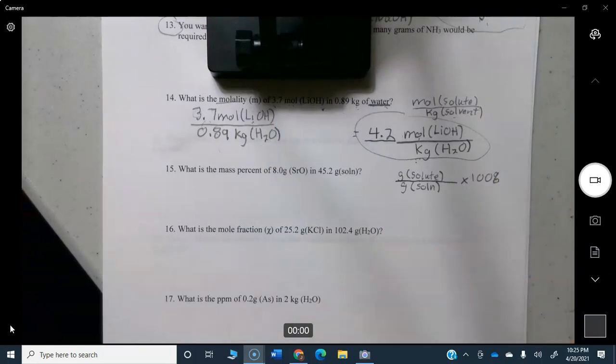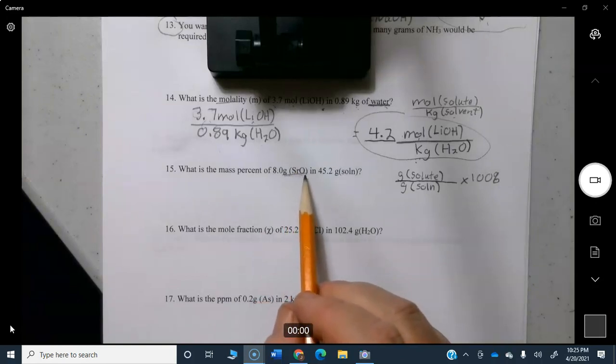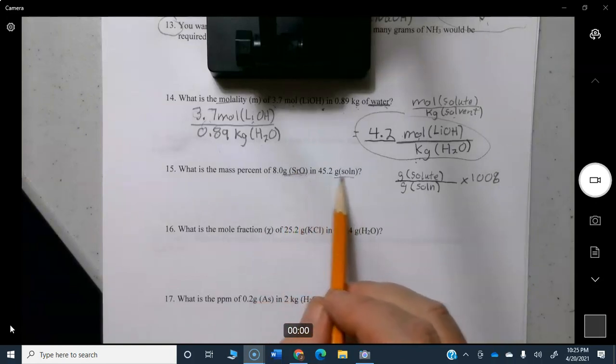Okay. All right, so what do we do? Well, we're given grams of the solute, SrO, that's strontium oxide, and we're given the grams of the solution.